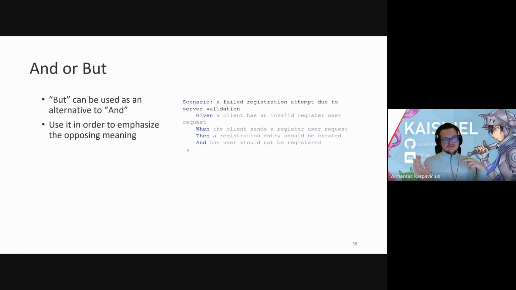So when something happened and something didn't happen, if you combine the opposing events with an "and" word, it's quite confusing. However, if you use a "but" word, it has a whole different meaning to your brain, because you see there is a contrast between something that happened and something that didn't happen. So if I change it like this, it's much easier to read. So registration entry should be created, but the user should not be registered. Now it's much easier to read.